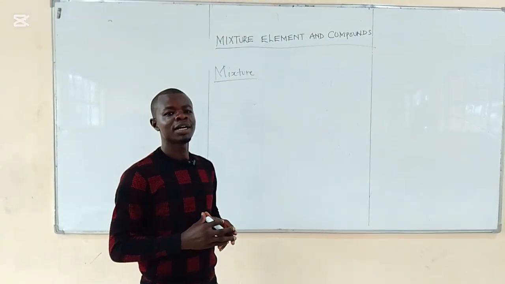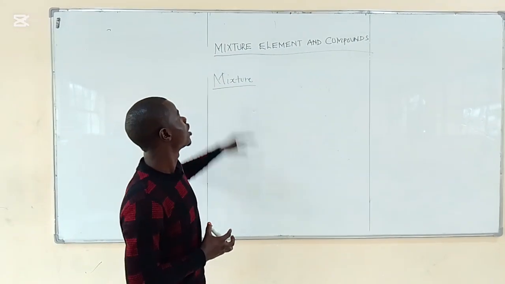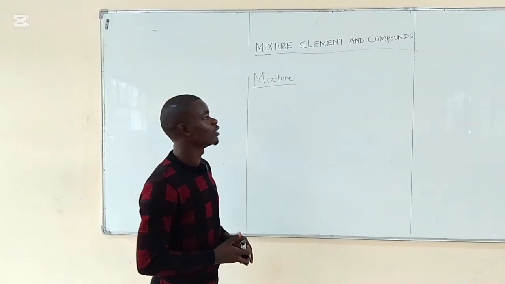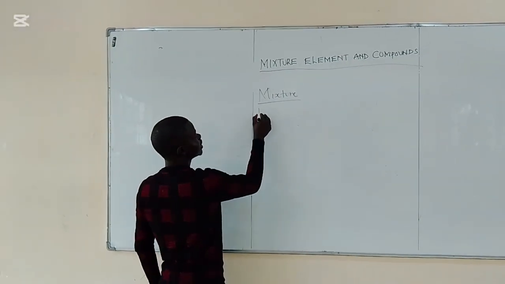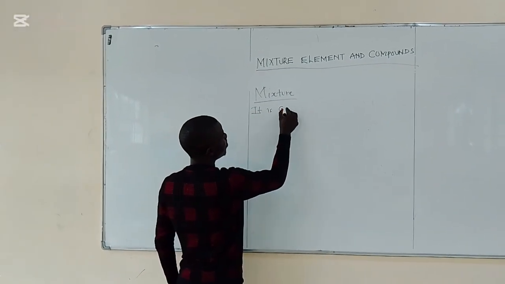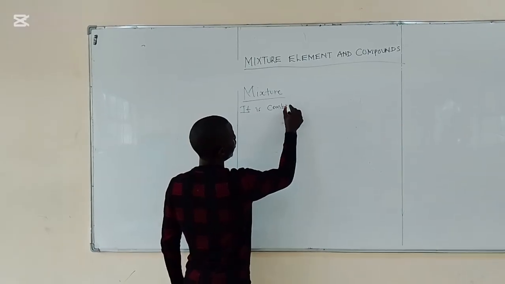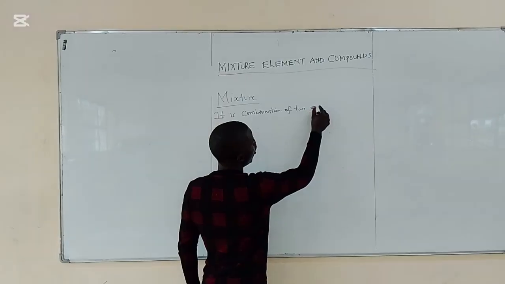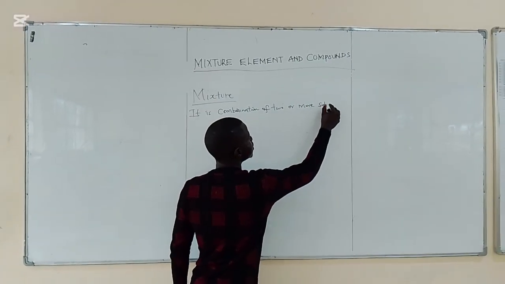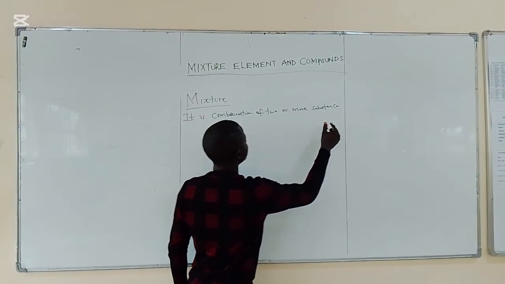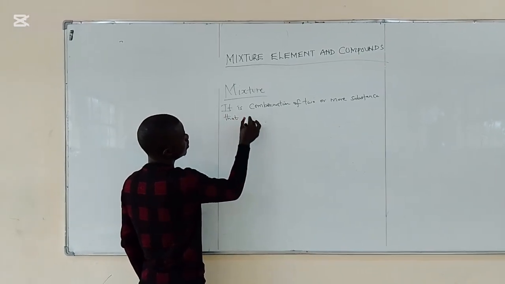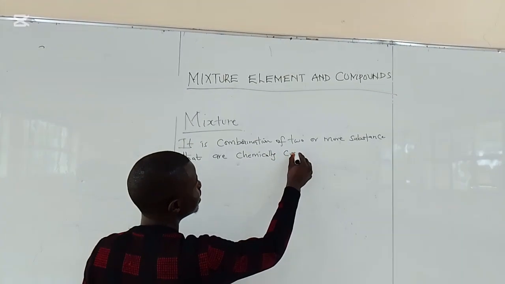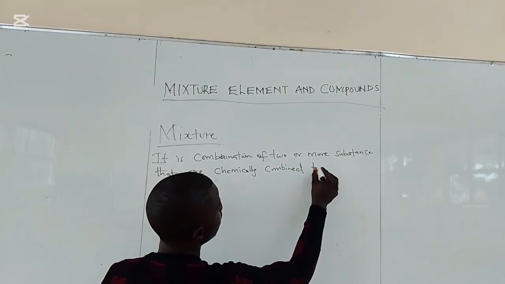Today we are going to talk about integrated science, specifically on mixtures, elements, and compounds. So we are going to define what is a mixture. A mixture is a combination of two or more substances that are chemically combined together.